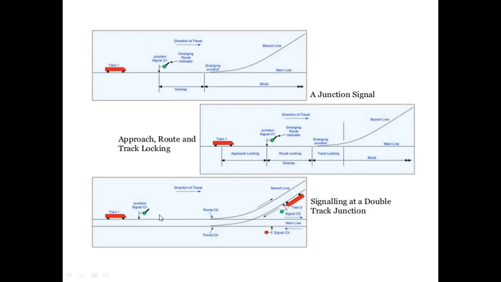If the train is traveling in the main lane, it indicates a red light to stop the locomotive at the signal which it has seen.